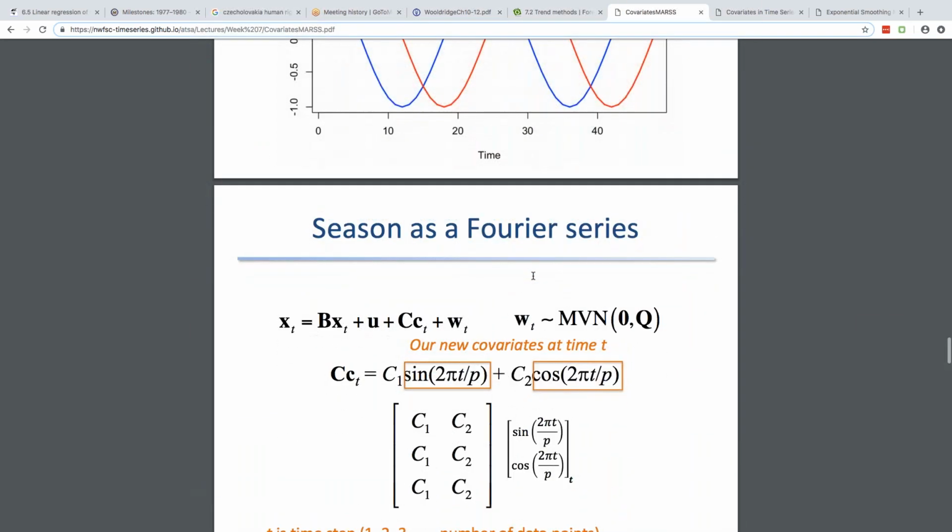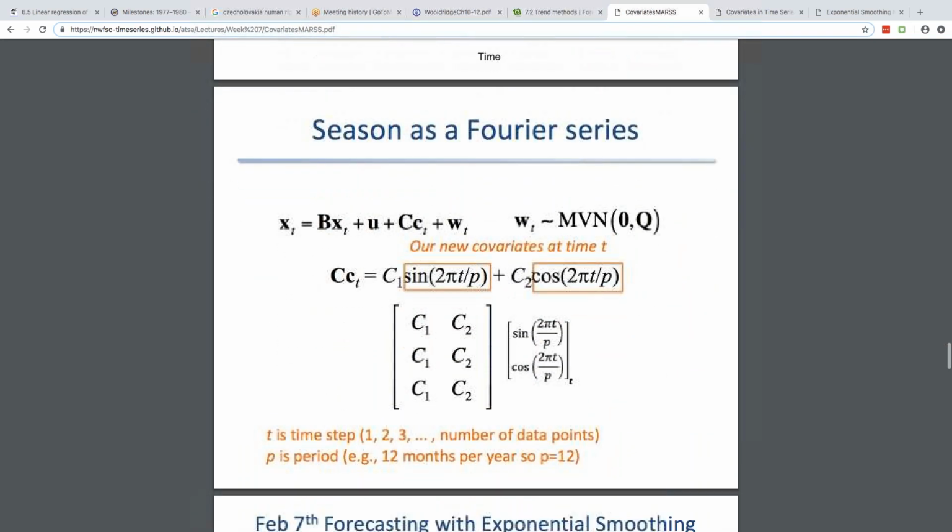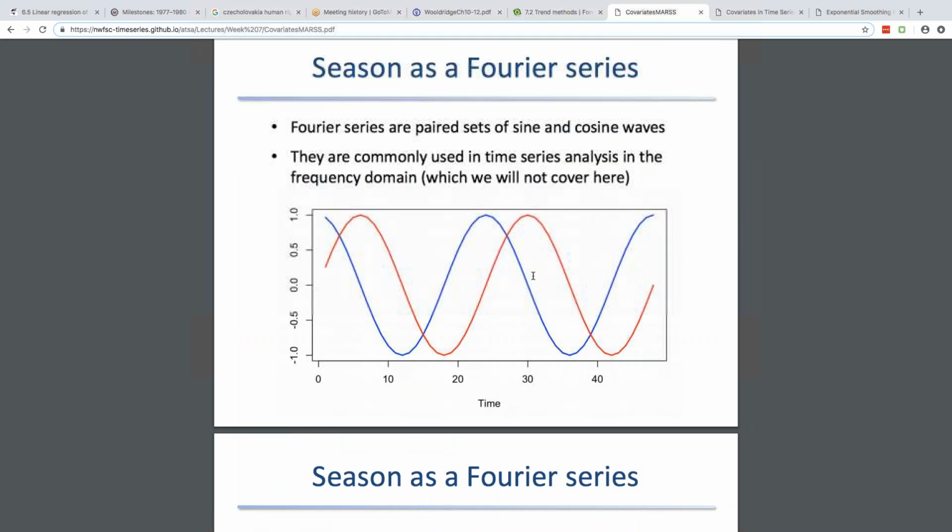We can get it even lower if we use combinations of sines and cosines. So you're comparing the factor versus the polynomial versus the Fourier series. With the factor, you could have any shape of the month effect, right? You put no constraints whatsoever on that.